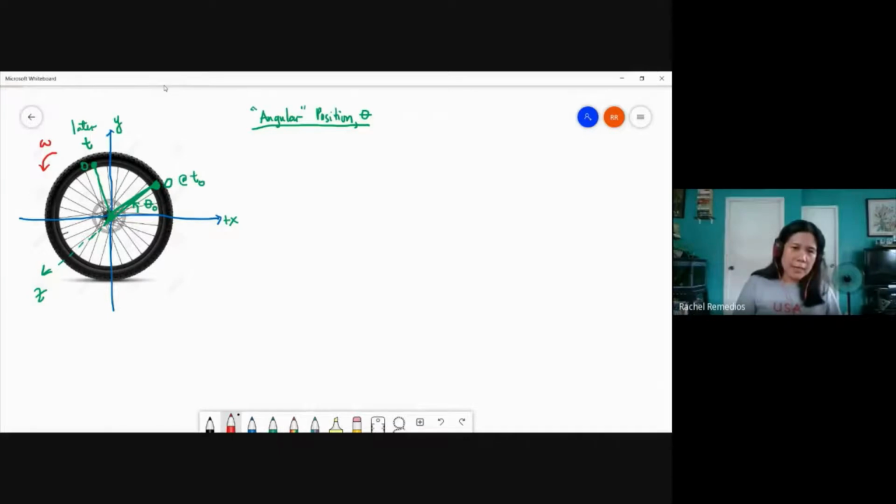The final angular position is from the positive X until the phasor there, and we call this the final angular position.